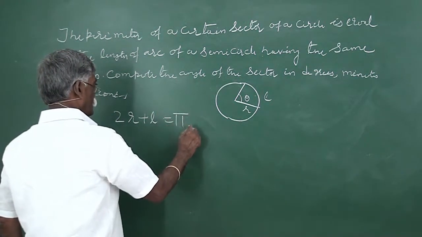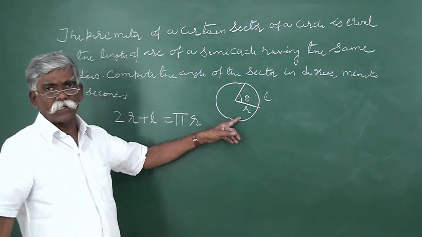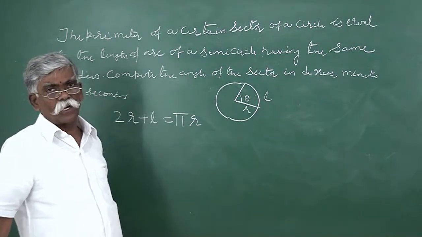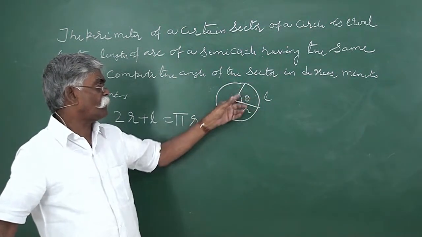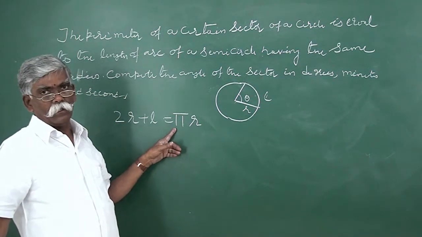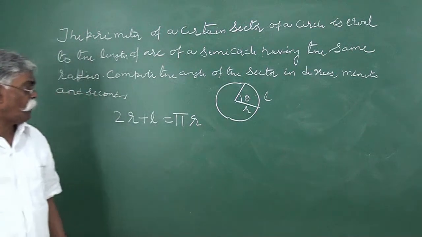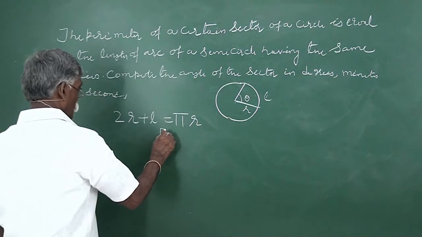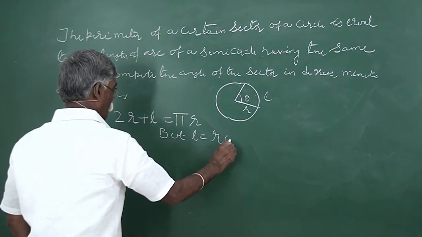So therefore this is the information given. So we have taken r as the radius of the circle and L is the length of the arc and theta is the angle subtended at the center. So the perimeter of the sector, this is r plus L plus r becomes 2r plus L, and it is equal to the perimeter of the semicircle of the same radius, that means pi r. But L is equal to r theta.